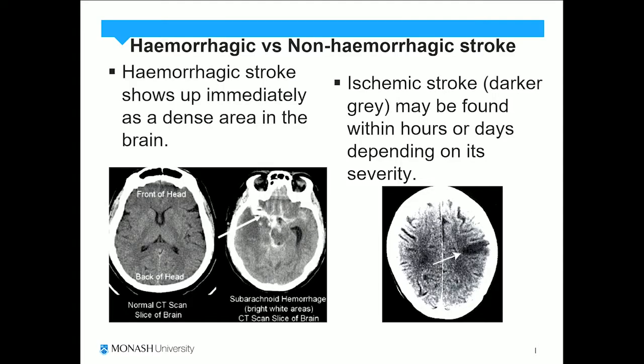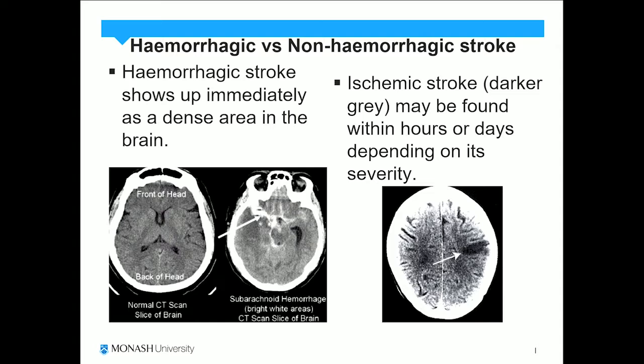So in comparison, hemorrhagic versus non-hemorrhagic stroke. Hemorrhagic stroke can show up almost immediately, and it will show up as a dense area in the brain. As we can see, on the left side is a normal scan at the same level, and then we have a subarachnoid hemorrhage within the subarachnoid spaces.